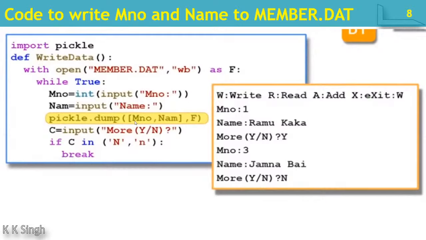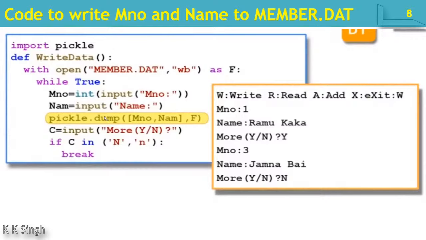So it is clearly visible that I am going to dump a list onto the file, one at a time. The list is a collection of two fields: member number and name. This collection, this list, will be dumped onto the file.